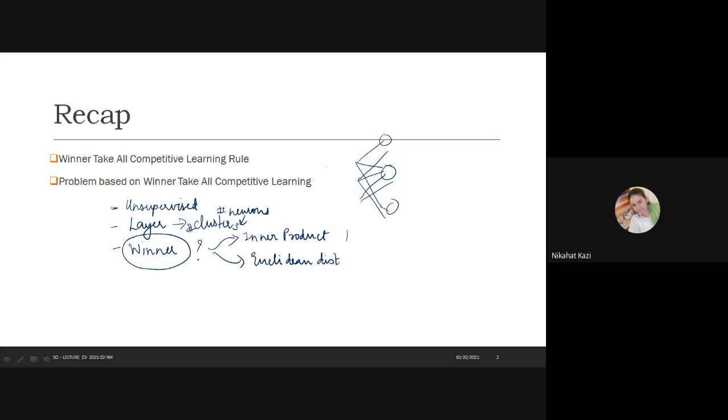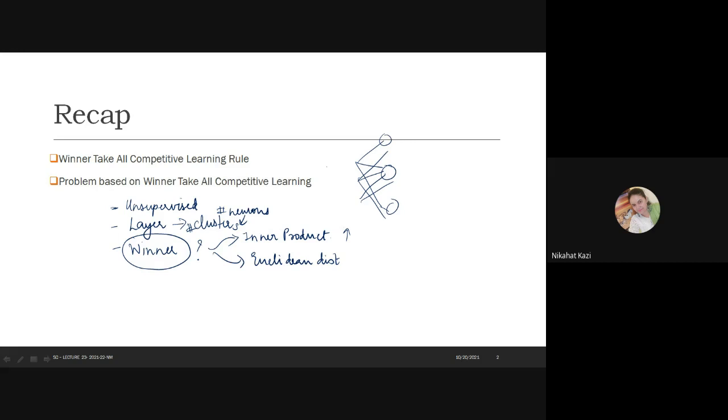Higher the inner product, higher the weight vector is influenced by the pattern, right? That means it is closer to the pattern. So if you are using inner product as the measure for deciding the winner, then you will choose the neuron with the highest inner product as the winner.